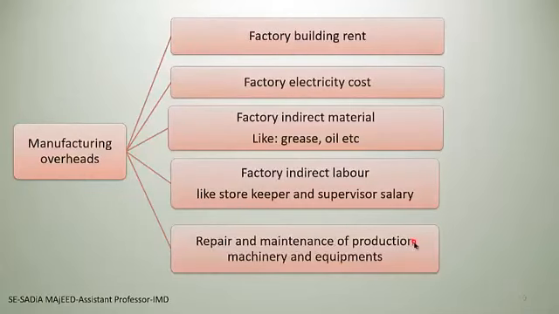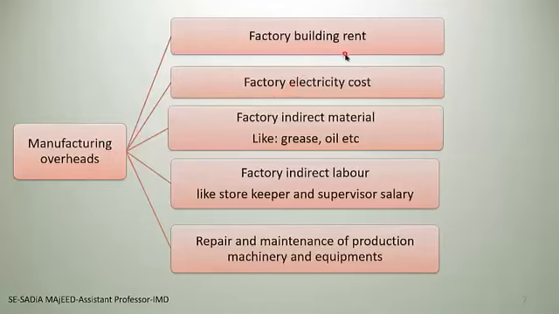This is basically a list of the manufacturing overheads. Manufacturing overheads means indirect cost, which cannot be traced at the per unit level. Manufacturing overheads means those overheads which are needed to run the manufacturing process smoothly. It includes factory building rent.